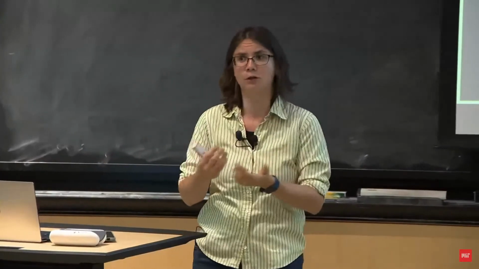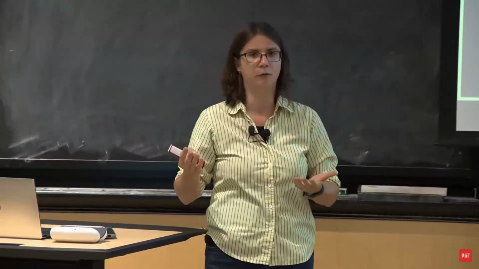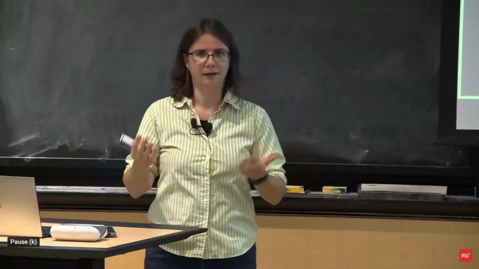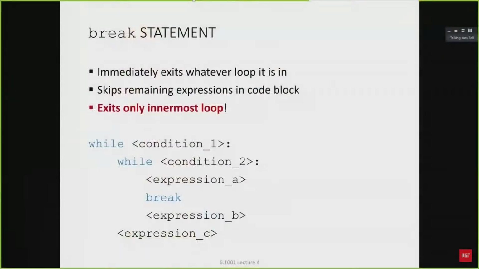We don't want the while loop condition to become false, and we don't want to exhaust our entire set of values in the for loop. So in order to exit a loop before the natural end comes, we can use this thing called a break statement. And the break statement allows us to exit the loop, and the loop it exits is going to be the one that immediately surrounds the break statement.